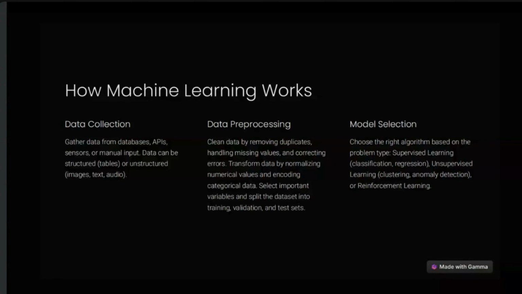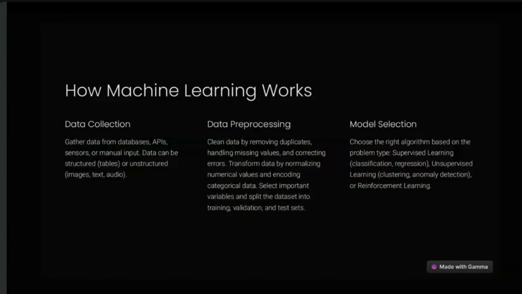If there is some error, like when we take a sensor reading as manual input, sometimes people do it wrong. If someone says 16, the person writing on the sheet writes 60. We have to correct that value also.